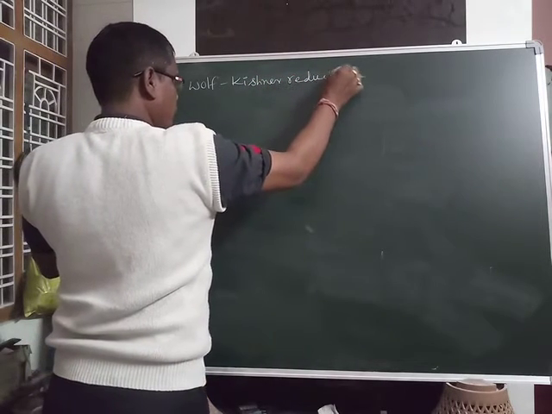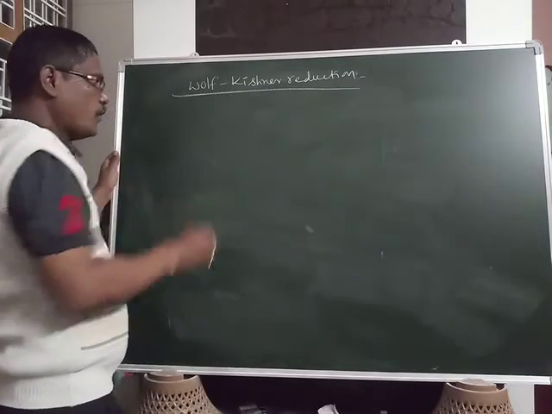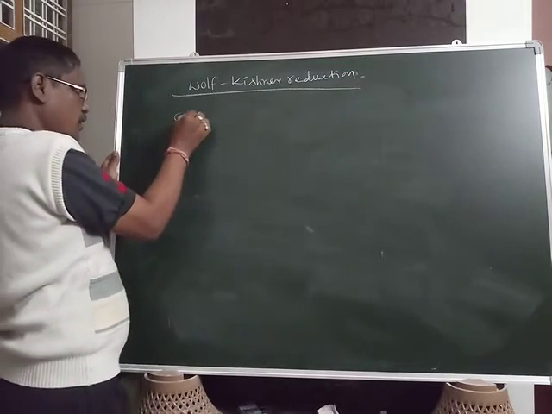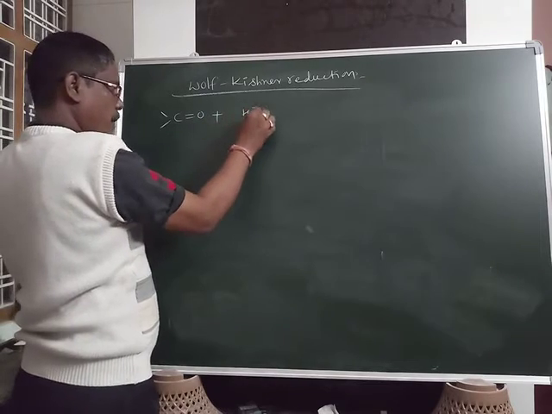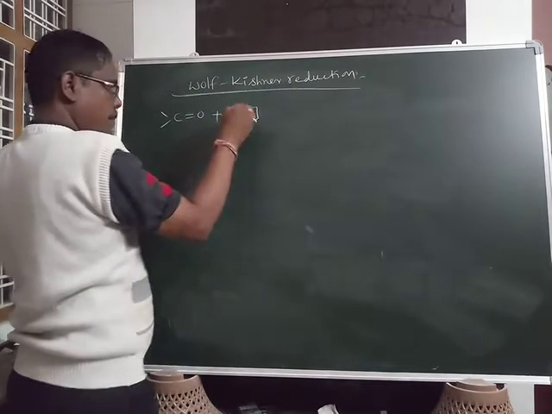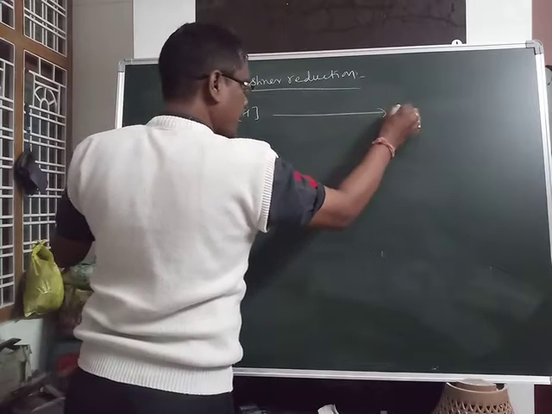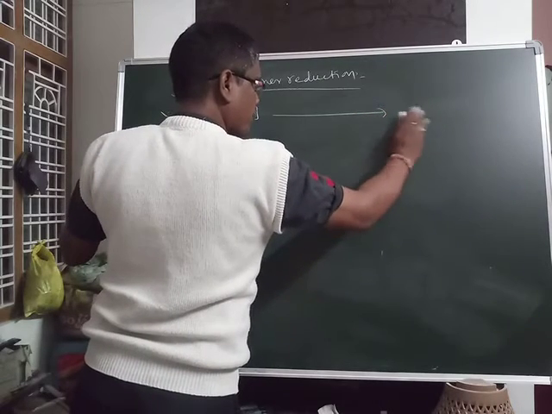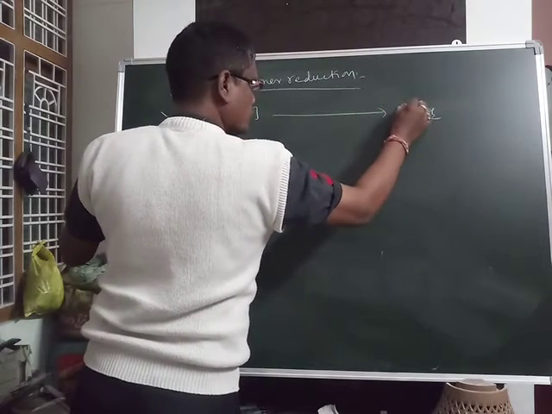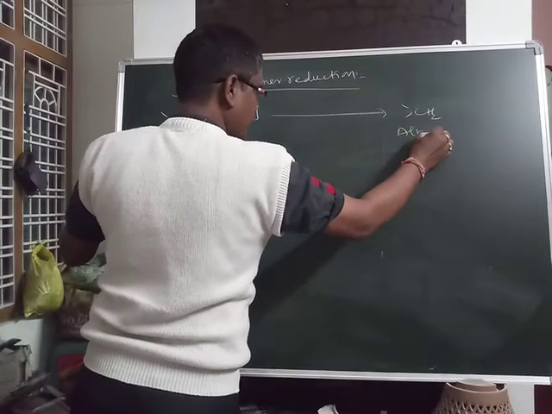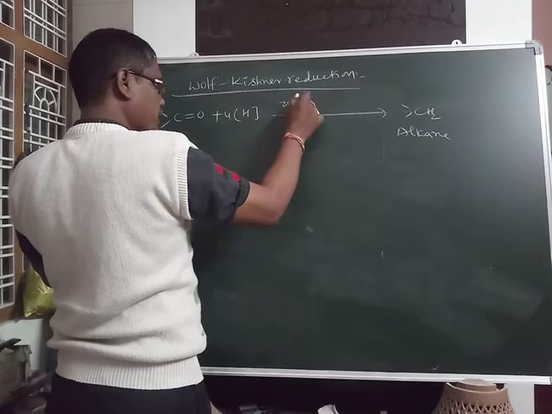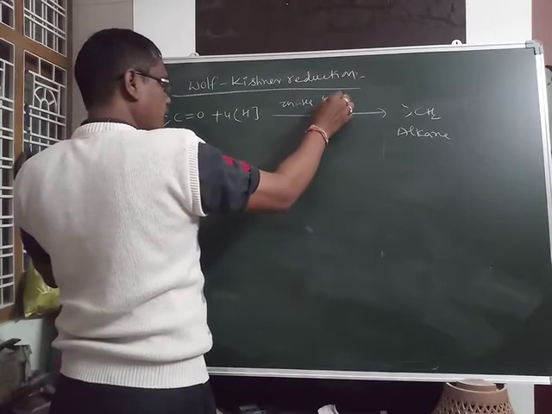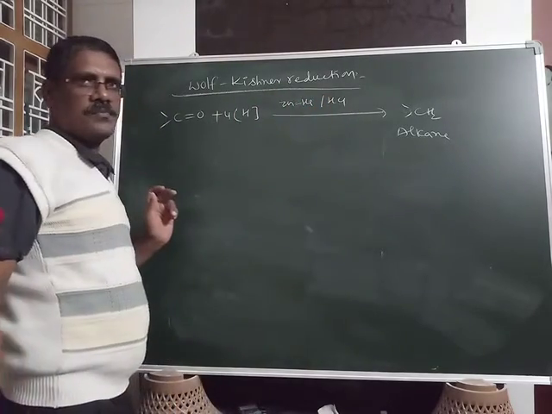The carbonyl compound reduces into the alkane. When we take zinc amalgam and HCl, it is the Clemmensen reduction.